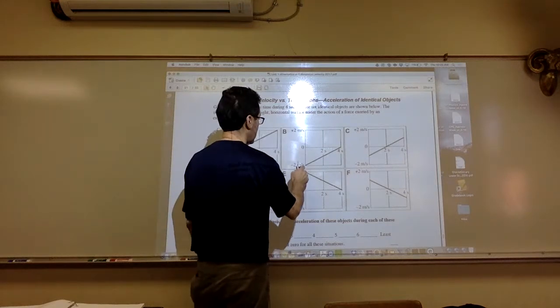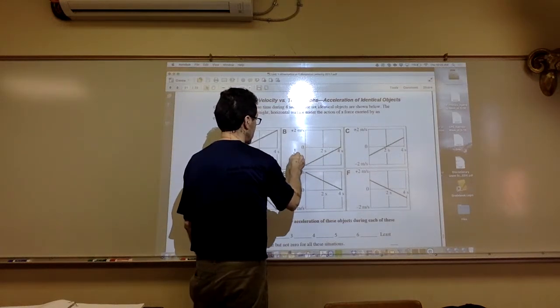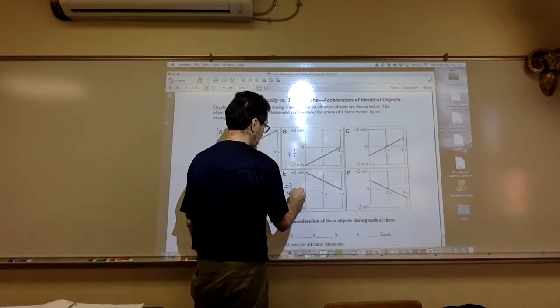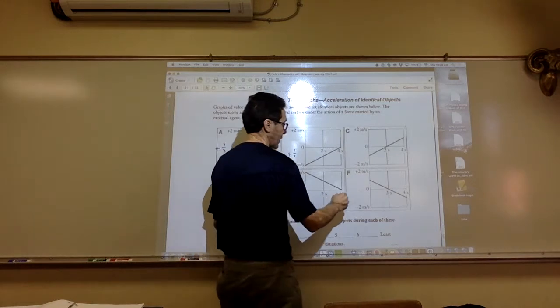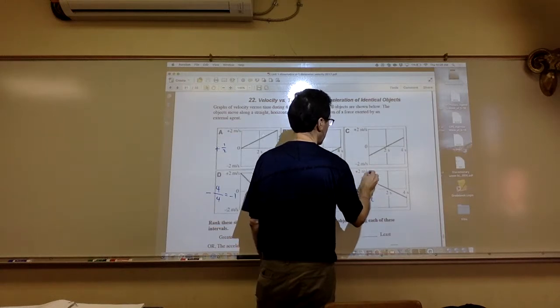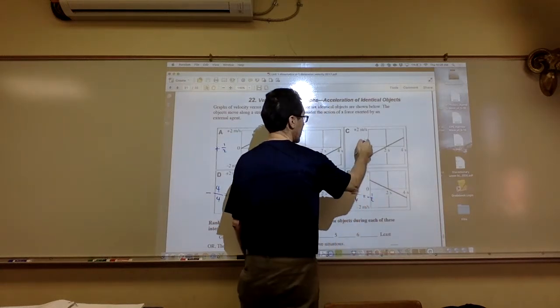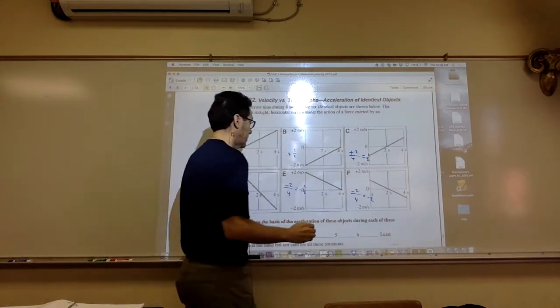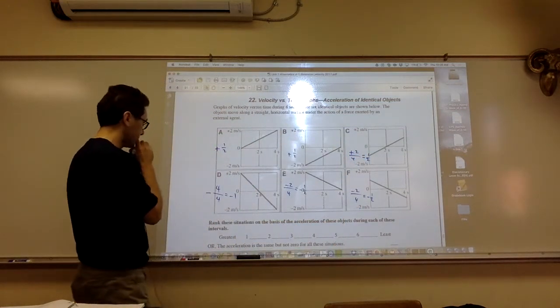This one here is a rise of 2 in 4 seconds, so it's a positive half. This one is a drop of 2, negative 2 in 4 seconds, so negative half. This one here is also a drop of negative 2 in 4 seconds, negative half. And this one here is a rise of positive 2 in 4 seconds, so that's a positive half.